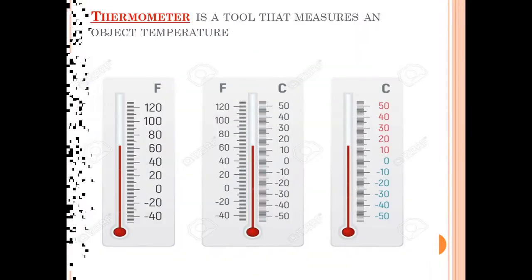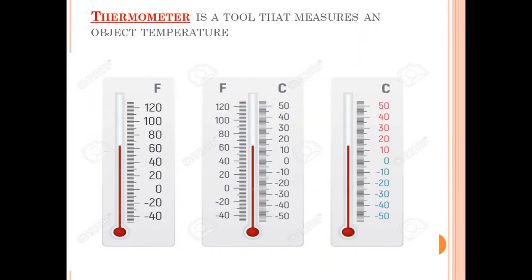Can you see the degrees on each thermometer? Some thermometers have F degrees, or Fahrenheit degrees, and some thermometers have C degrees. This is called Celsius degrees.